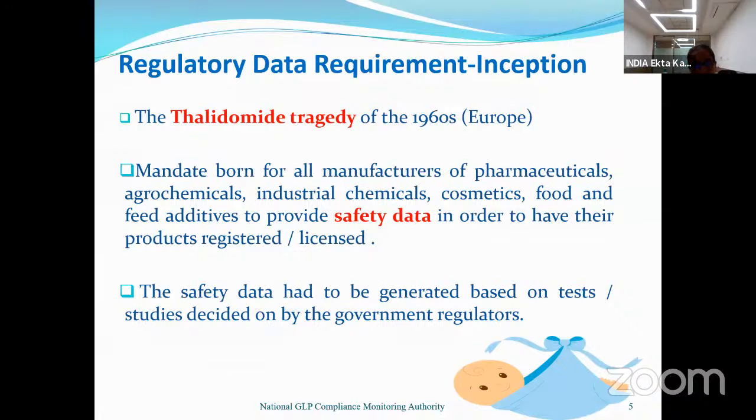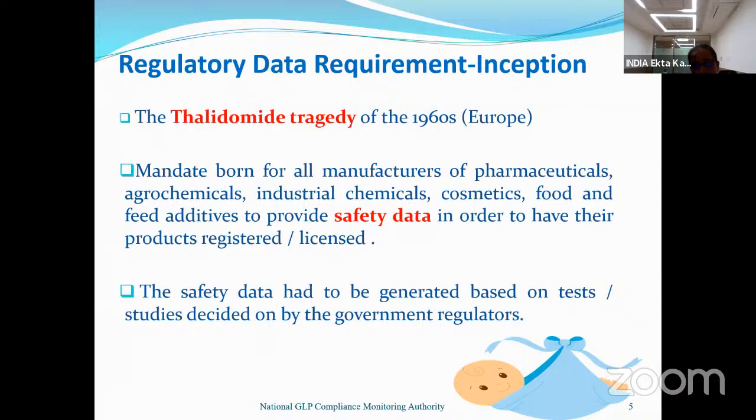If we go back in history, where did the regulatory data requirement begin? So we are all aware of the thalidomide tragedy of the 1960s, which occurred in Europe, particularly Germany, where babies were born to females who had taken this drug, thalidomide, as a cure for the morning sickness that used to happen during their pregnancies.